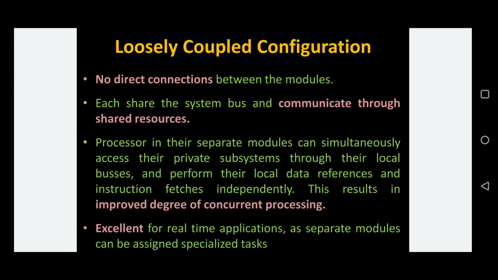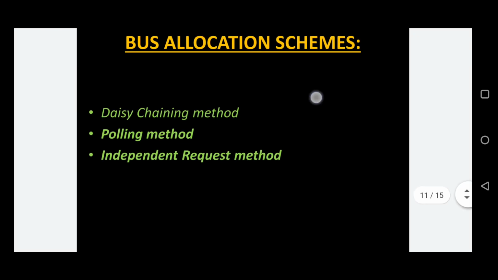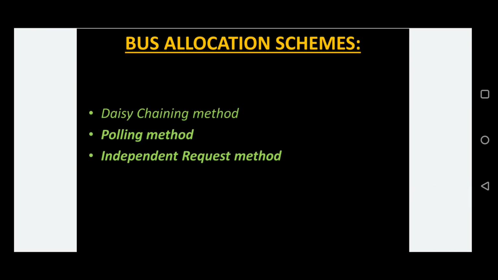Now we are going to overcome the problem of bus contention. We go for some important techniques or schemes using the bus controller. Here the bus controller, called the bus arbiter, is the IC 8289. We are going to discuss that bus arbiter in the loosely coupled configuration. By using this bus arbiter, we can split into three different types of bus allocation scheme.